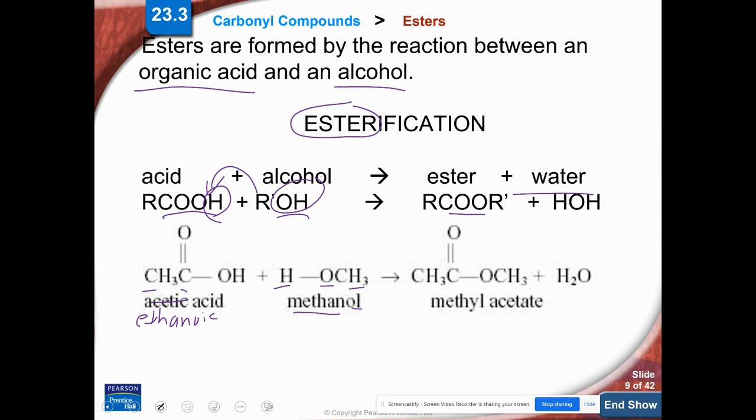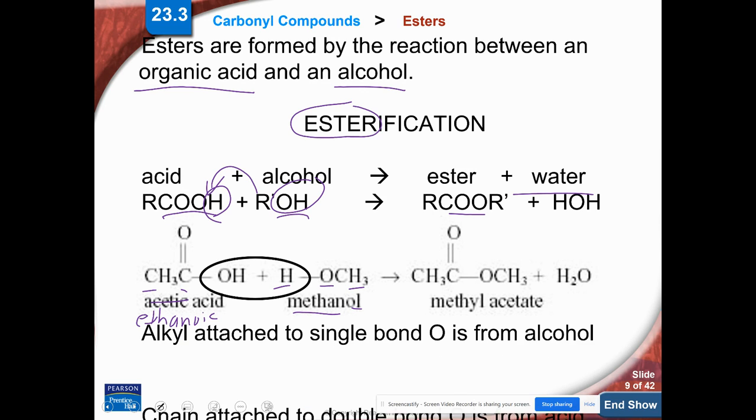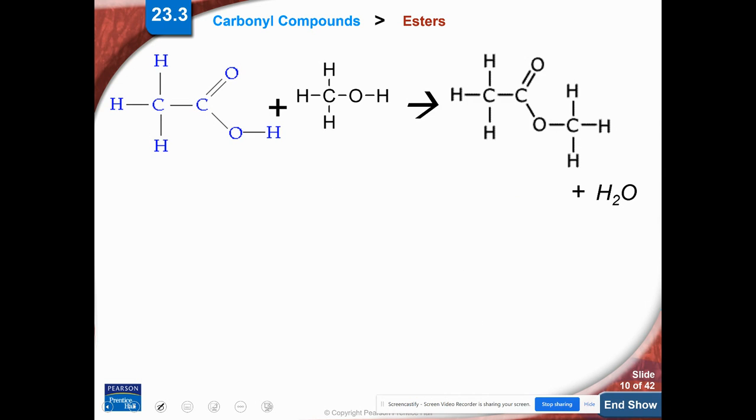And now we're going to name our product. This is where those two are going to join up together, right? We're going to lose the H and the OH. So now let's take a look at how we do this. We are going to lose this H and the OH, and then this part gets added to that part over there.